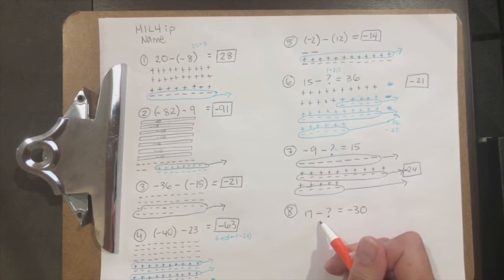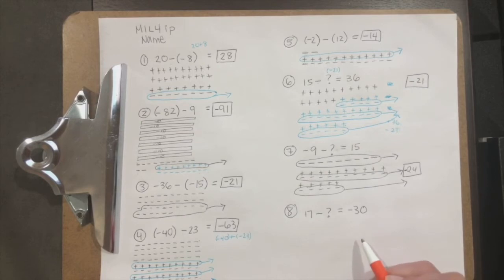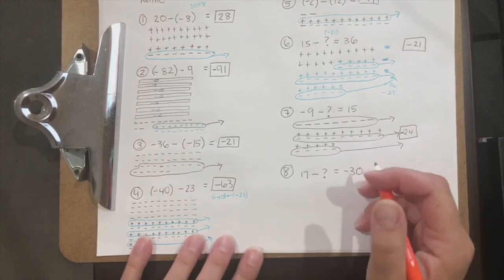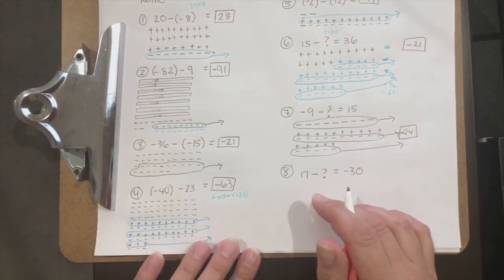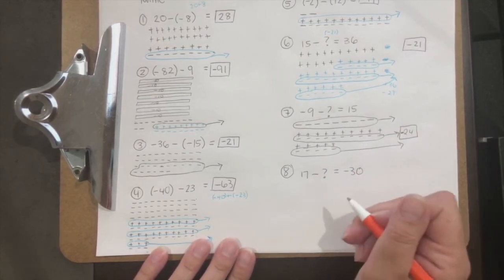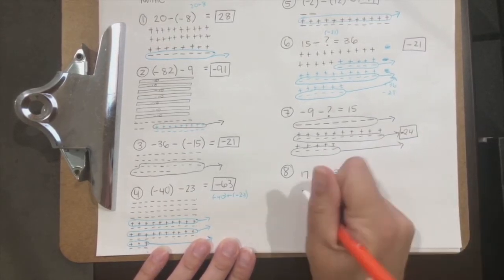So I'm going to have to take away a whole lot more positives in order to get to negative 30. In fact, I kind of would prefer to solve this with a number line, but that's okay. We're going to do it the way the lesson had us do it, which is the algebra tiles or number tiles. All right, so I'm going to start with 17 positives.